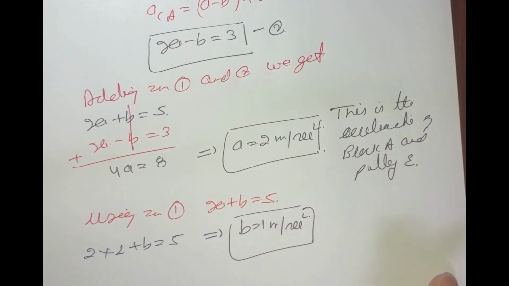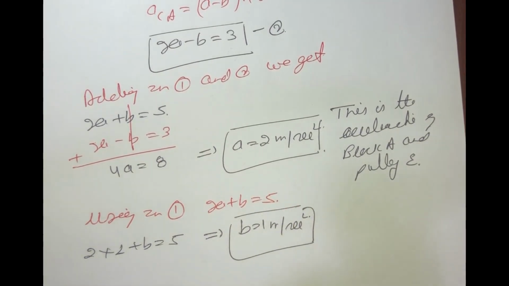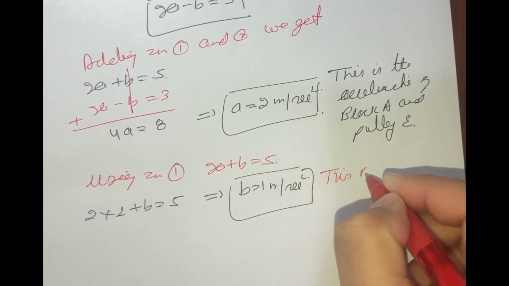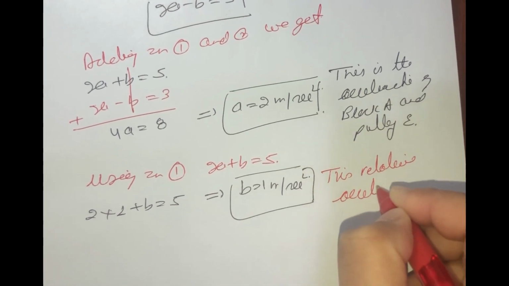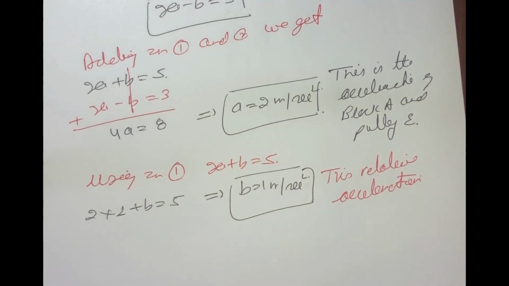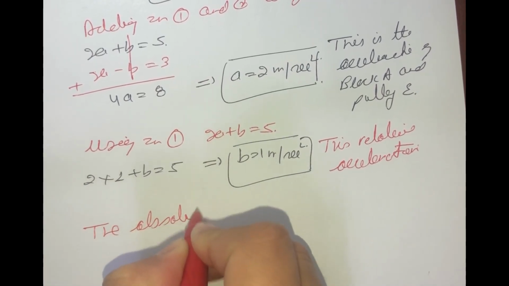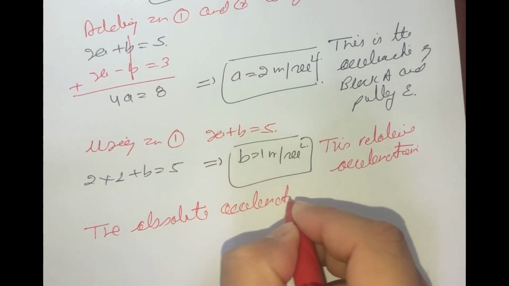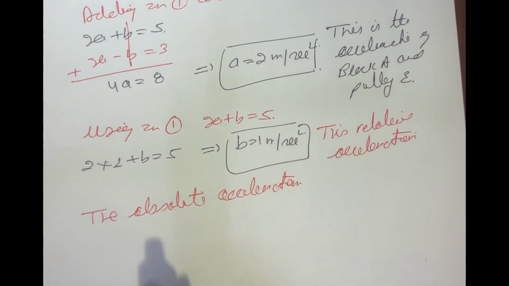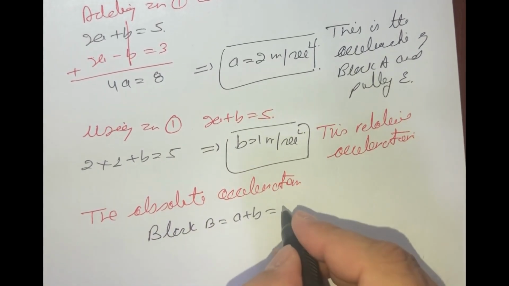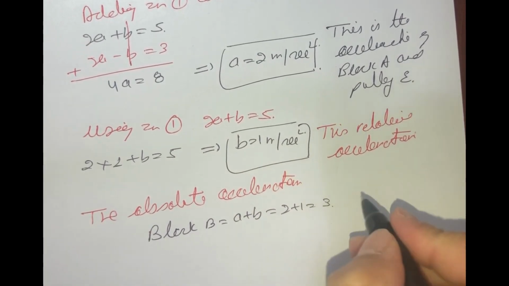And we have assumed that this is the relative acceleration of block B with respect to E. So we can find out the absolute acceleration of B and C. For block B, it is a plus b, which we get 2 plus 1, which is 3, downward.